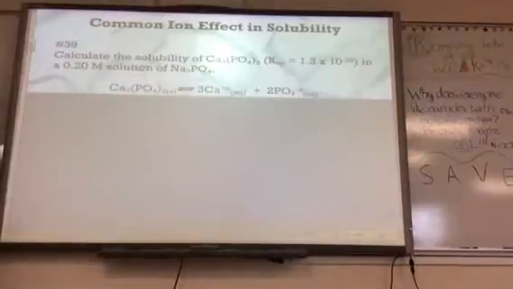Can I give you a few minutes to try to do this one? See if you can come up with what the solubility of this is. So we're not dissolving calcium phosphate in water. We're dissolving it into a phosphate solution. So we already have some of one of those ions there.